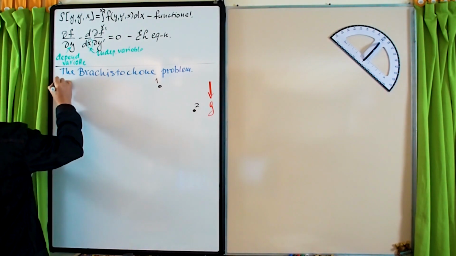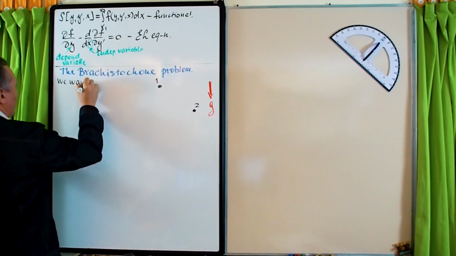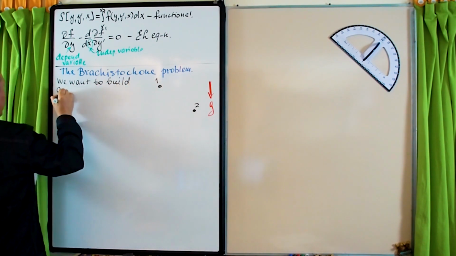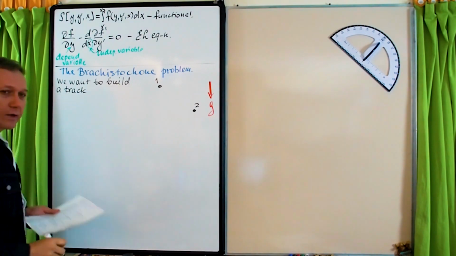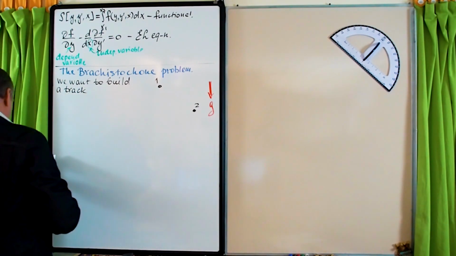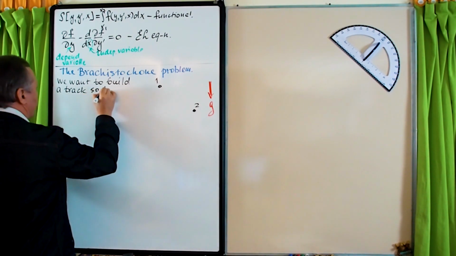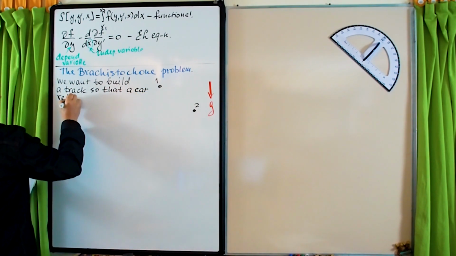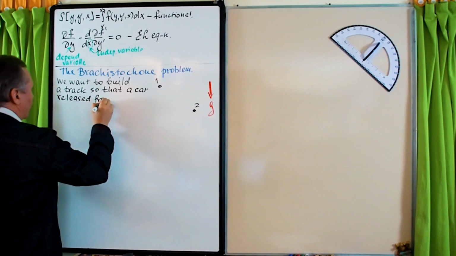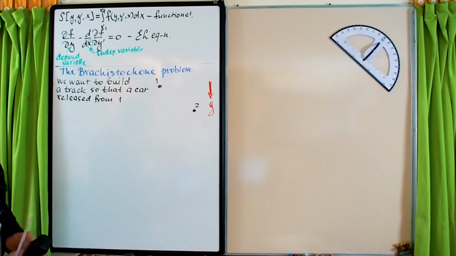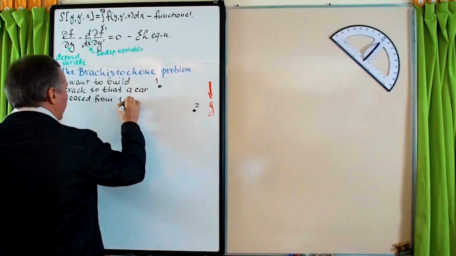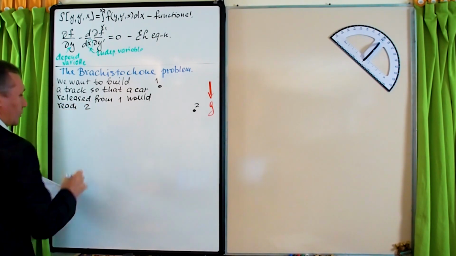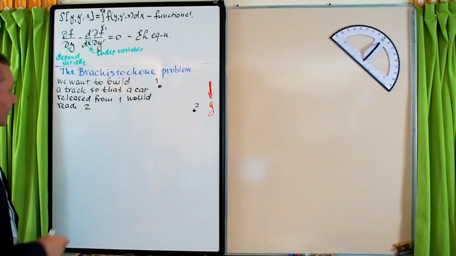We want to build a track, a roller coaster track, so that a car released from point 1 would reach point 2 in the shortest possible time.